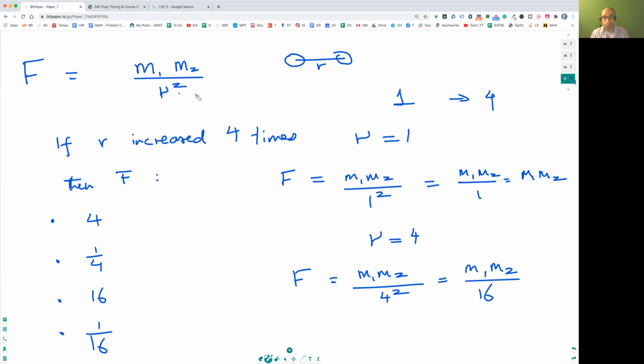Because R increases 4 times, it's going to be M1, M2 over 4 squared, so that's M1, M2 over 16. So the new force is just the same as the old force, except it's 1/16 times lower. So that's your answer. The answer is 1/16.